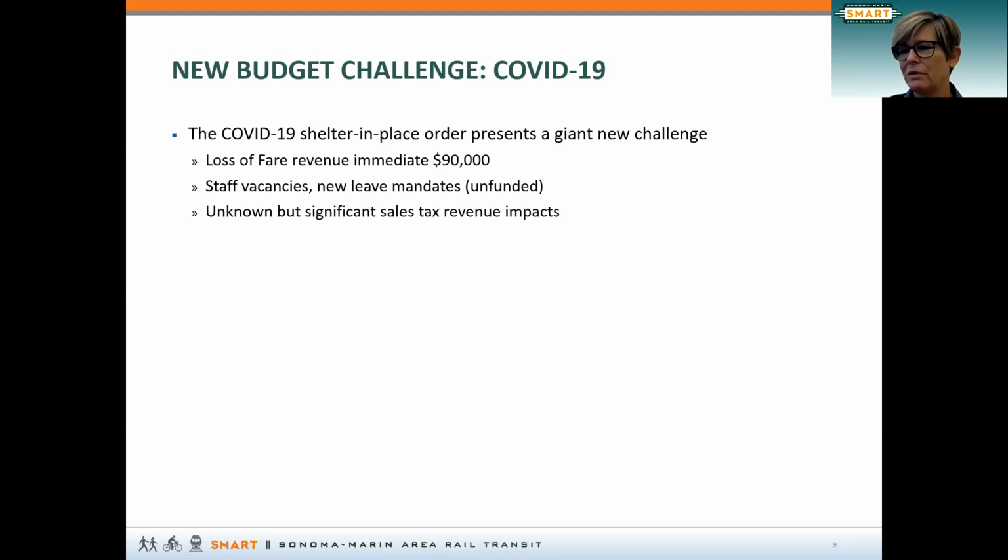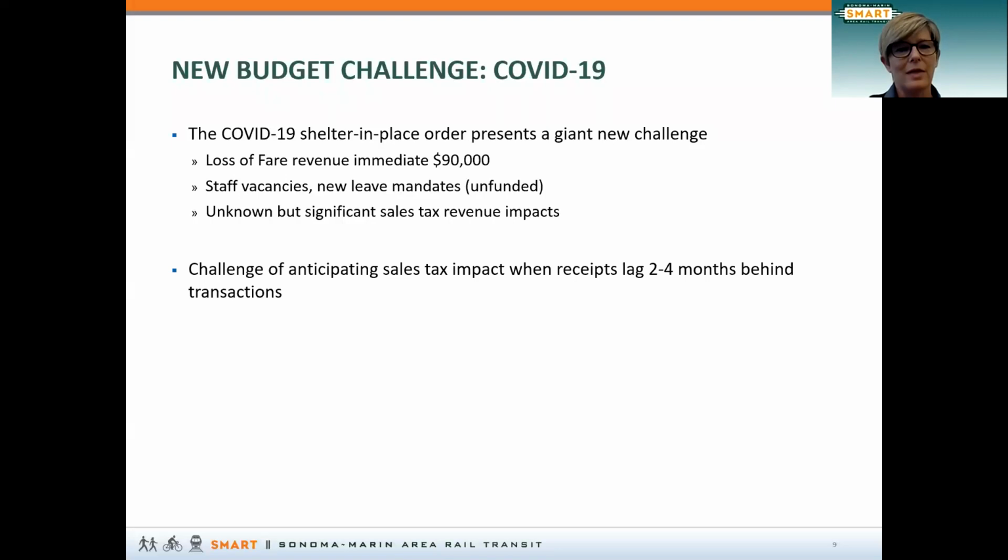I don't know if most people know this, but the mandate from the government that we provide extended family leave and sick pay is funded through a tax credit, which we are not eligible for as a state-created government entity. So that's an additional financial burden. And then we have unknown sales tax impacts, and it's unknown because, as you know, the sales tax lags 2 to 4 months behind transactions.